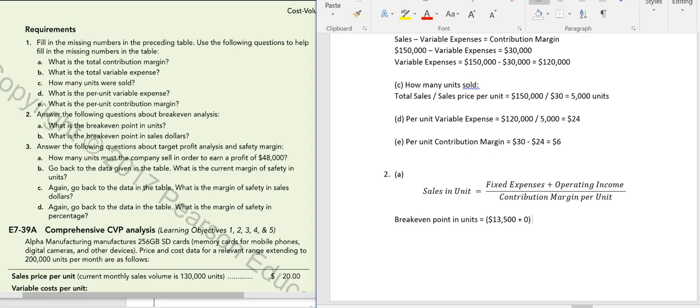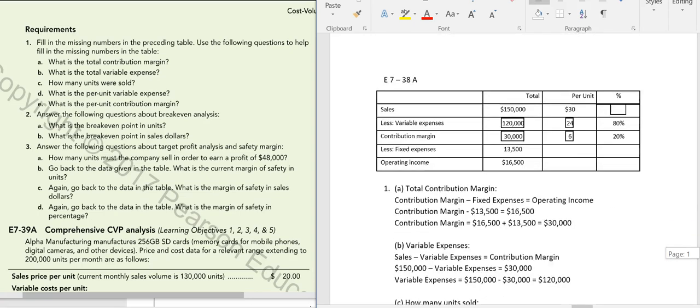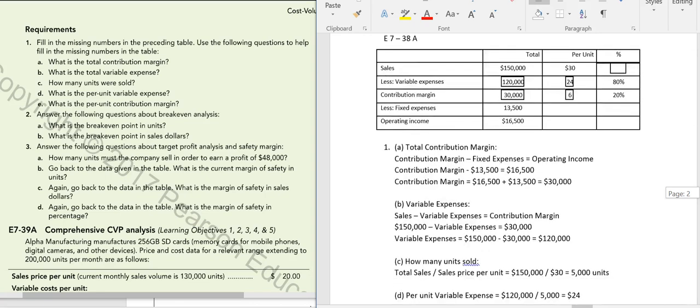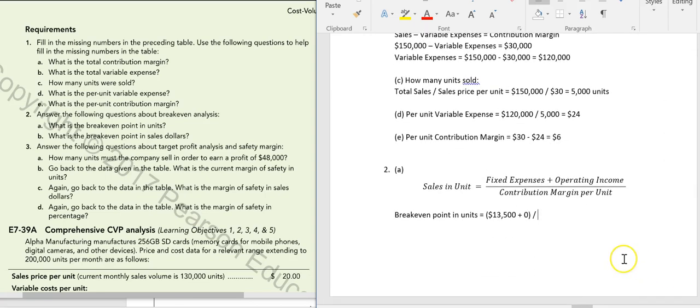Now we will divide it by contribution margin per unit, and we just figured out that our contribution margin per unit is $6. So that means it's basically 13,500 over 6.